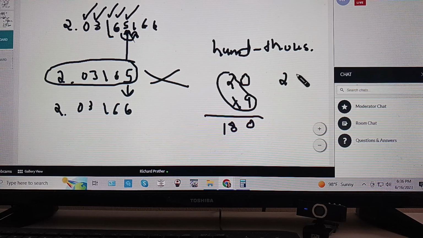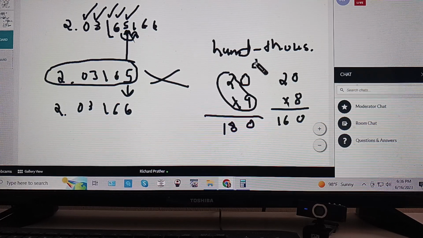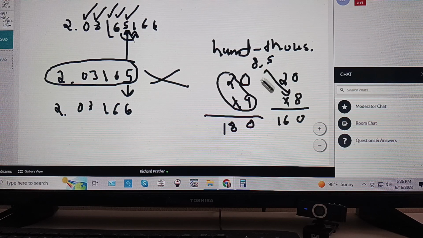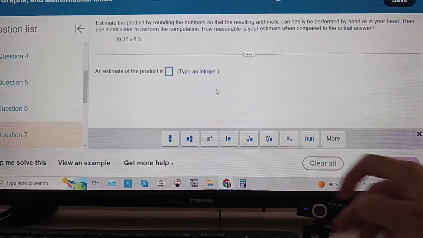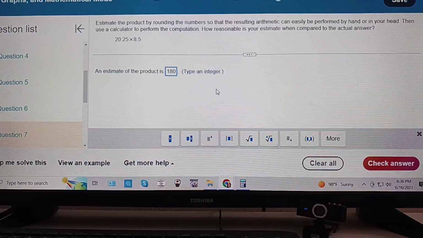But if I would have gone the other way with 8, that would have been 160. See, 8.5 is in between these two. So sometimes if you really are going far away from the number, that can make a big difference in the answer. An extra $20 on a price of something, that could make a difference. So I think they want the 180 just because with 8.5, the rule is you round up if it's 0.5 or higher.